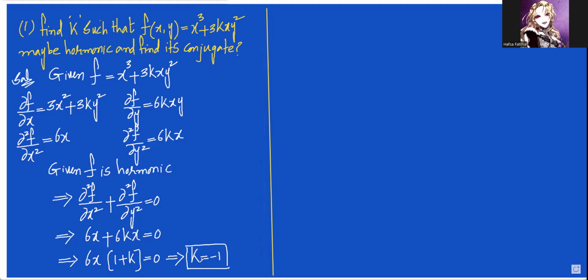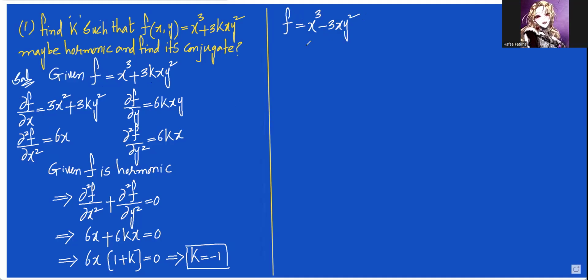After that, this k value we have to plug in this f value and we call it as u. So f is equal to, if you plug in k value minus 1 here, we get x cube minus 3xy square.